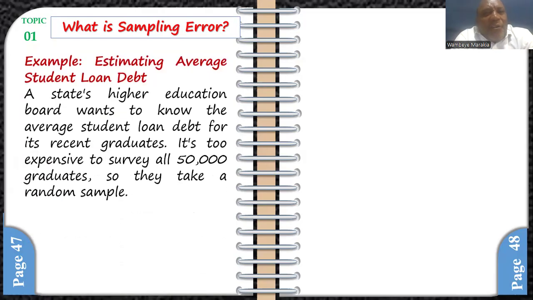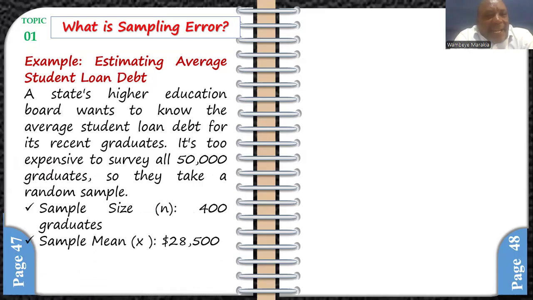A state's higher education loans board wants to know the average student loan debt for recent graduates. It's too expensive to survey all the 50,000 graduates, so they take a random sample of 400.